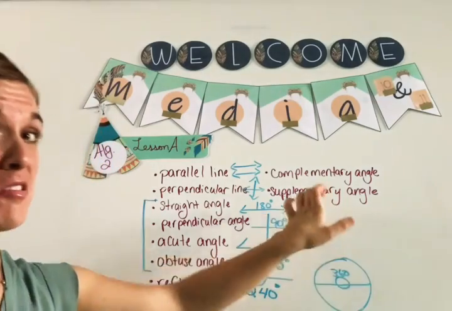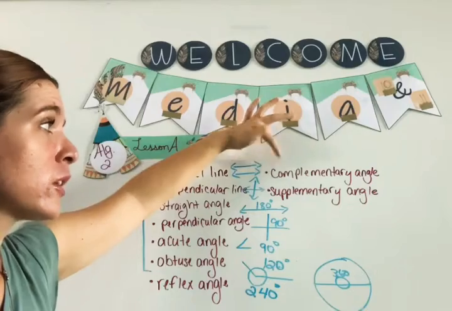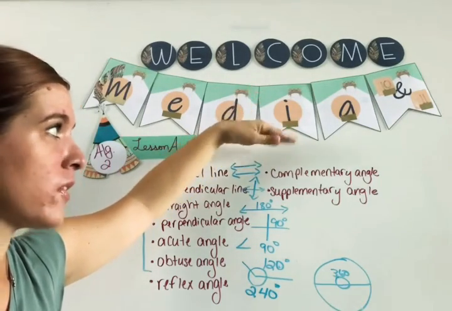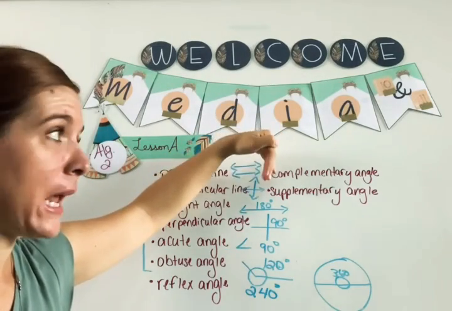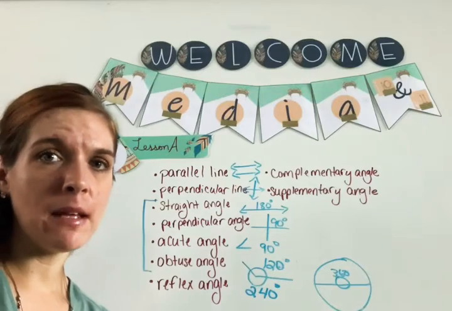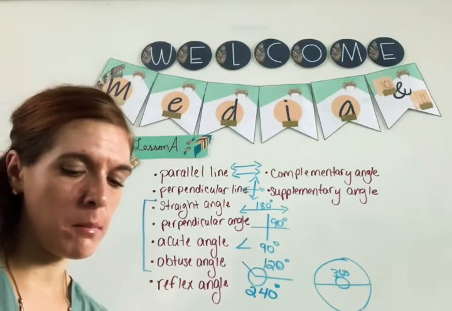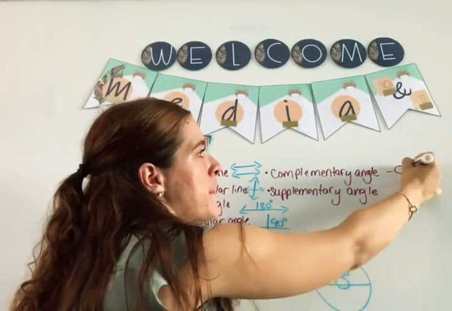Oop, it's not all of the words. Almost all of the words that you need to know. The other two that are super, super important for this lesson, but I think Lesson B is actually going to talk all about this, are complementary angle and supplementary angle. Okay, complementary angle, think of complete. It completes what though? It completes a perpendicular line. Complementary angles are 90 degrees.